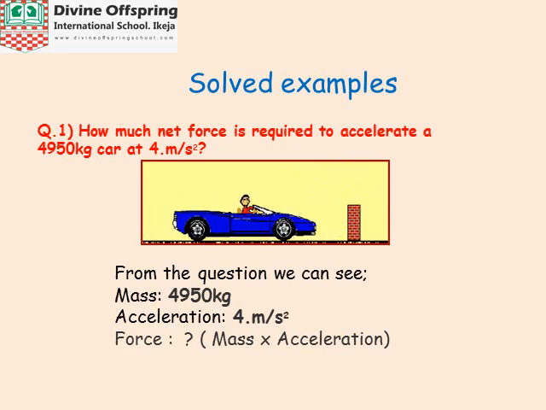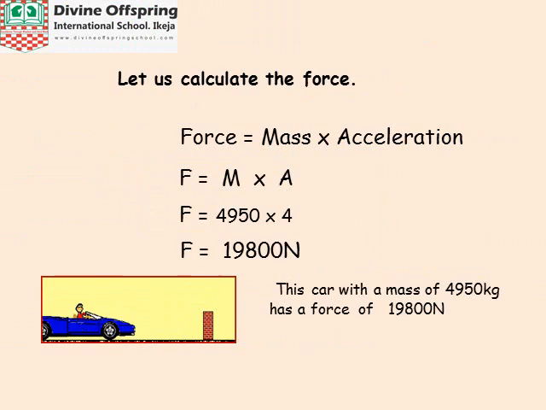Now, what is force? All we need to do is multiply mass and acceleration. So we'll say 4,950 times 4, which gives us 19,800 Newton. And this car with a mass of 4,950 kilograms has a force of 19,800 Newton.